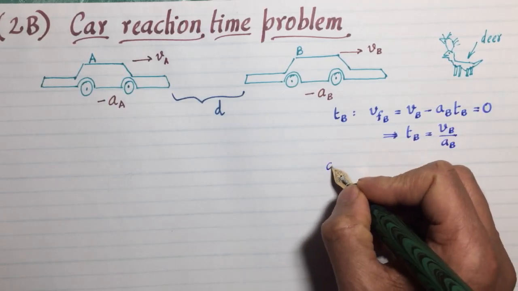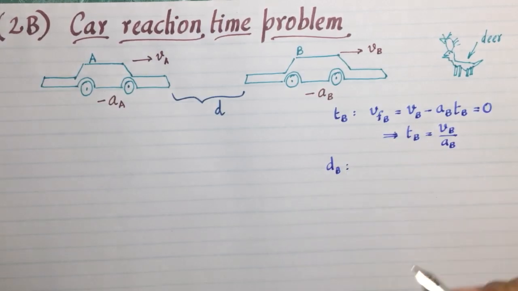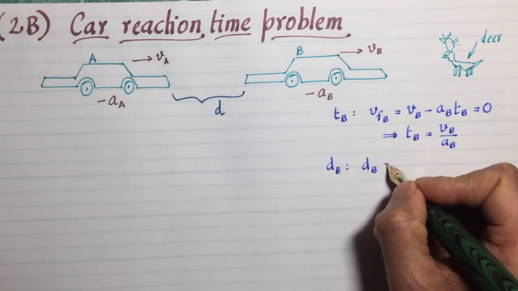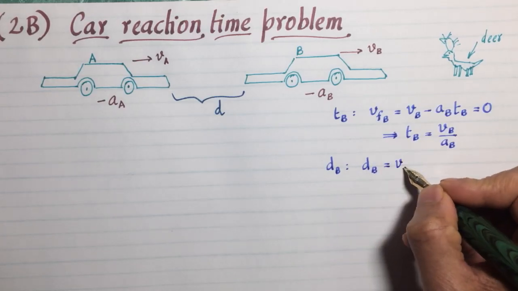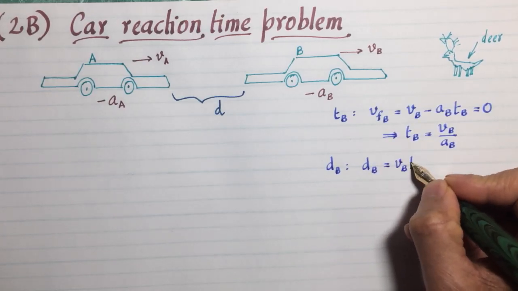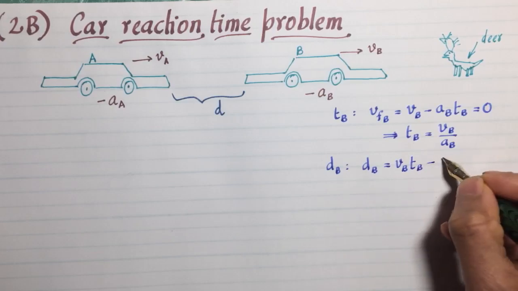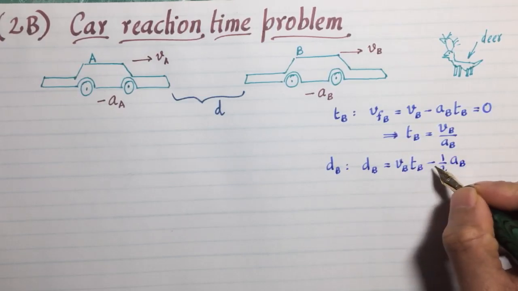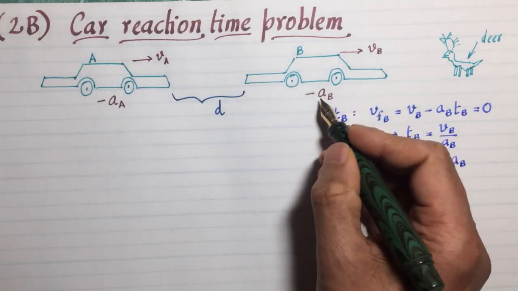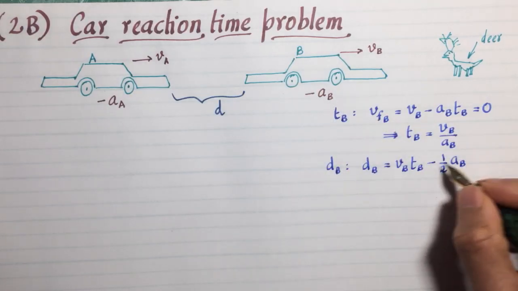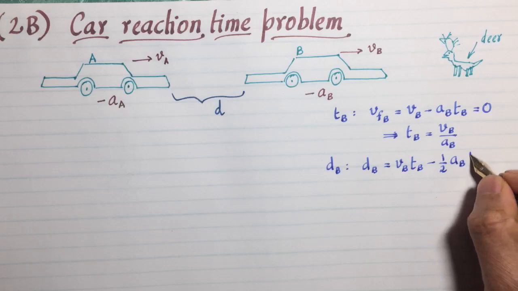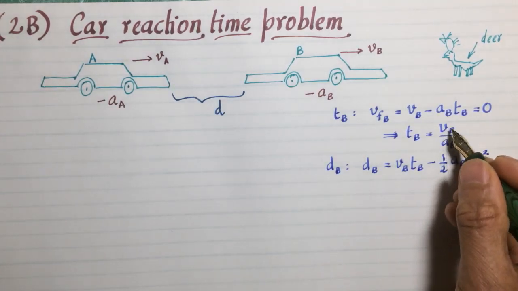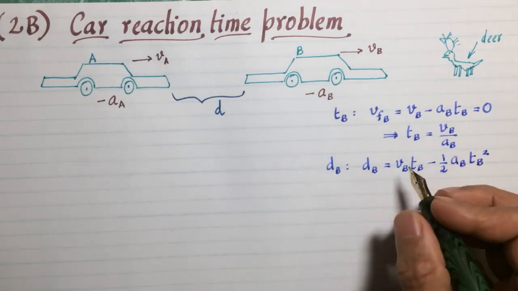Next we solve for the distance that car B takes to stop. Well, that's got by the second kinematical equation. d_B equals the initial velocity times the time minus 1/2 a_B. It's actually plus 1/2 a t squared, but a is negative a_B. So I get negative 1/2 a_B t_B squared. Now I'm going to substitute for t_B from this equation into here.